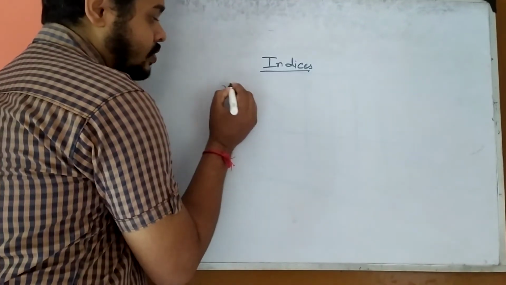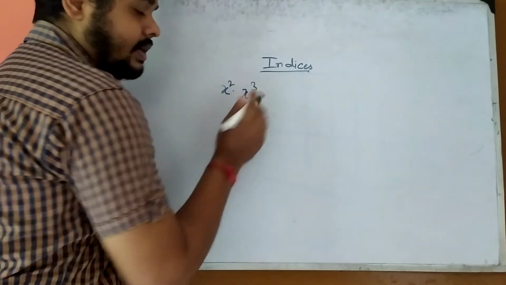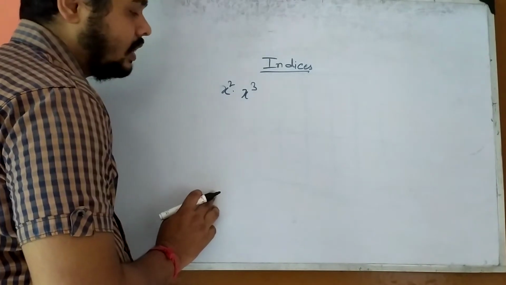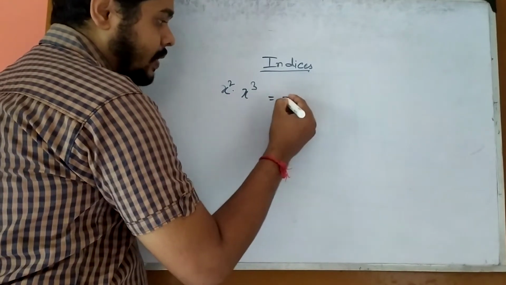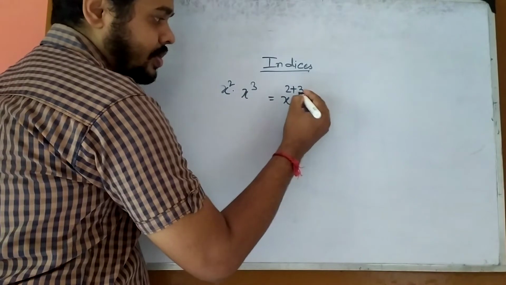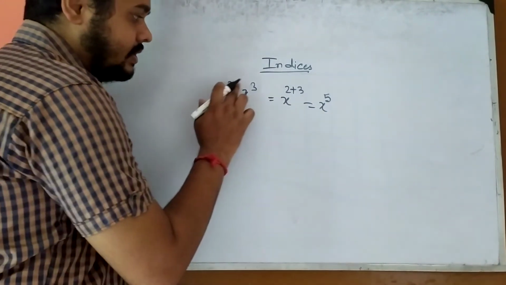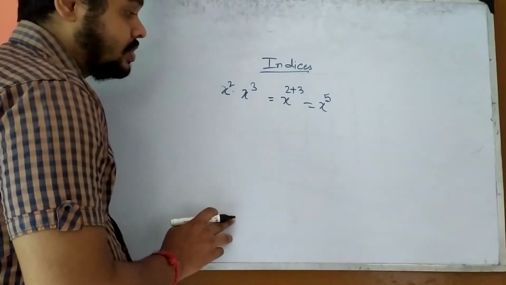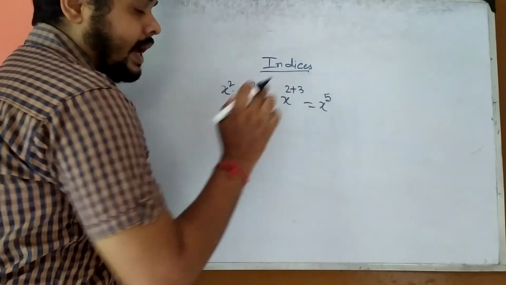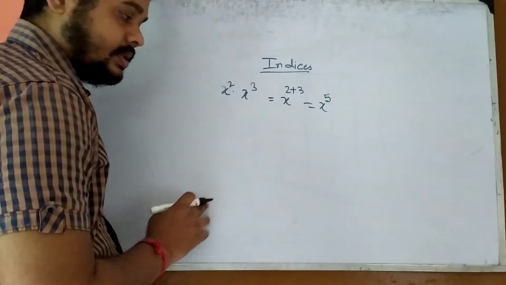Let's start. Suppose x square into x cube. What is the result of it? Simply we write x to the power 2 plus 3 equals x to the power 5. This is the indices. Now my question is, why are we adding these two components?